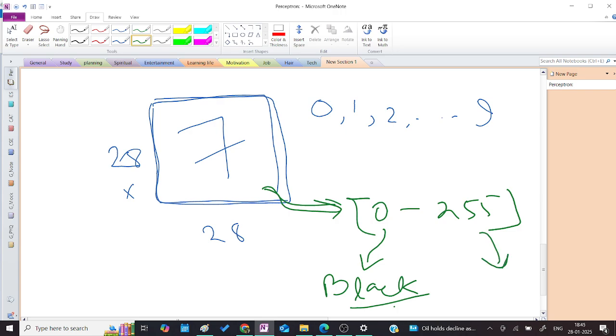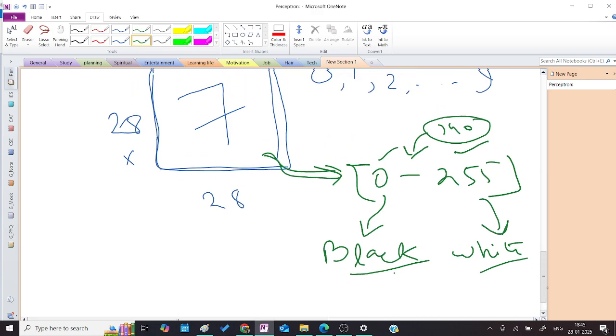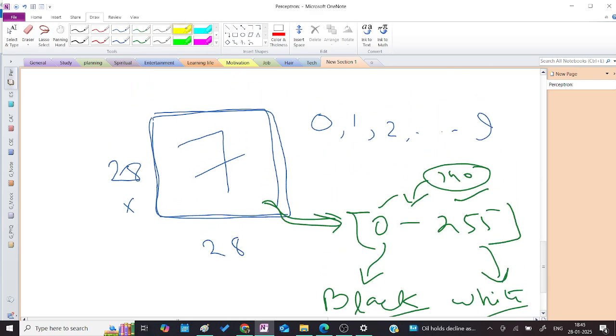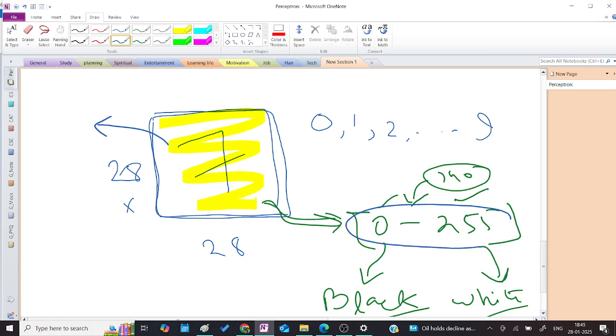And if it is 255, then we say it is complete white. And in between 0 and 255, suppose 140, then we say it is a gray value. So this entire image may consist of any of these values, from 0 to 255.